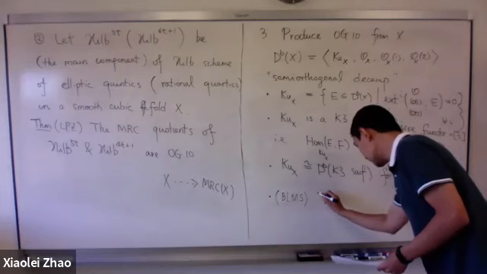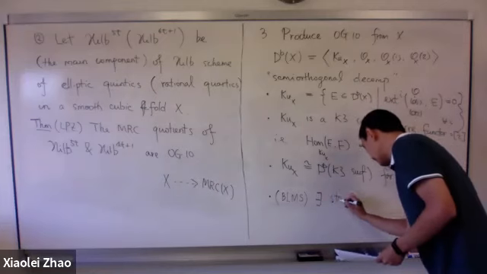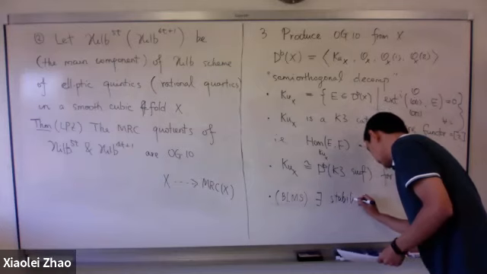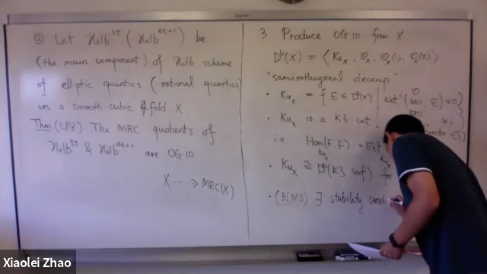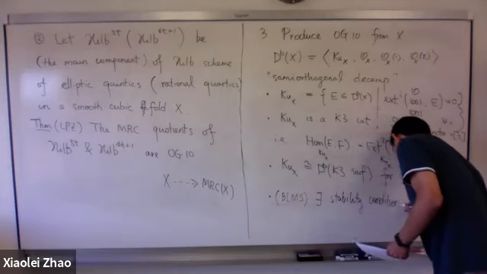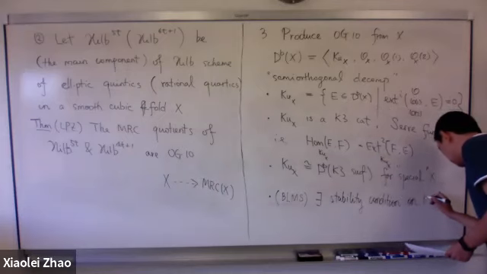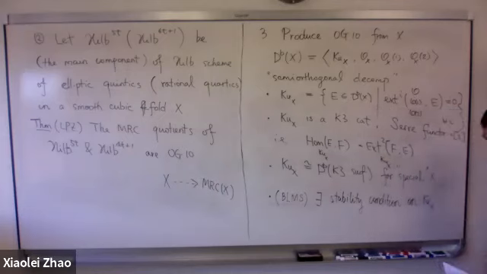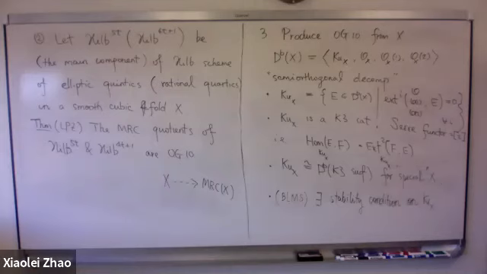So I'll write it in short: there exists a so-called Bridgeland stability condition on this Kuznetsov component of X. So even though this is a triangulated category, we can construct some kind of stability condition, very similar to the slope stability on a K3 surface.